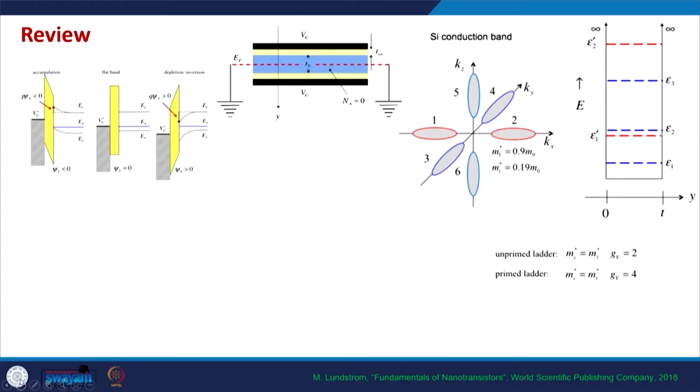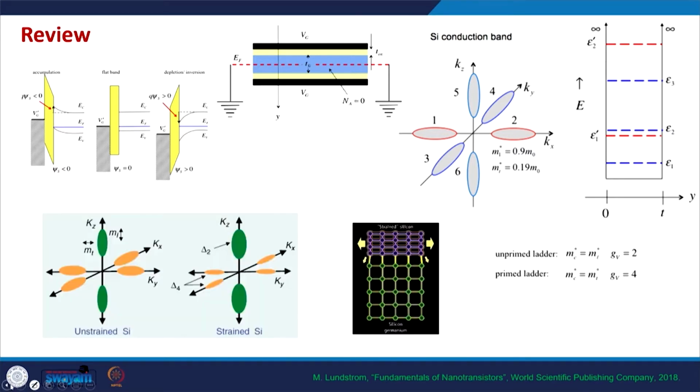So far we have seen quantum confinement in MOSFETs, and we also discussed strain engineering in silicon, especially in nanostructures in ETSOI MOSFETs. And what we saw was that if we grow the channel silicon on a silicon germanium substrate, we can change the band structure of silicon in such a way that first, the effective mass is modified such that the mobility is increased, and second, the inter-valley scattering in silicon is reduced.